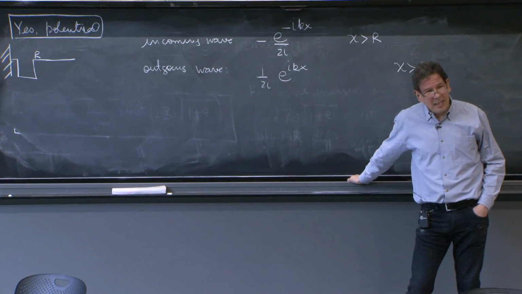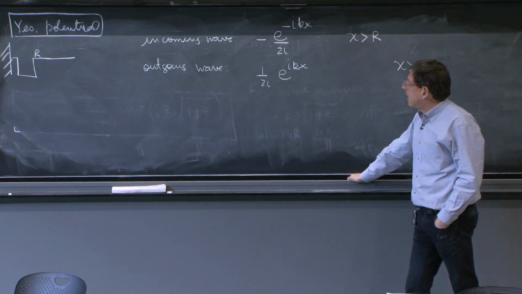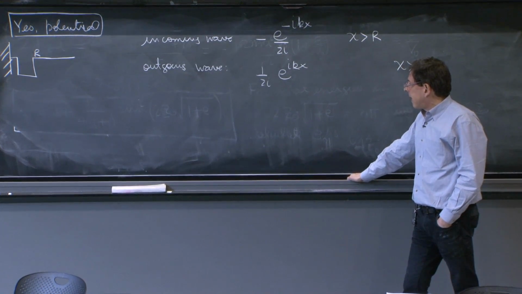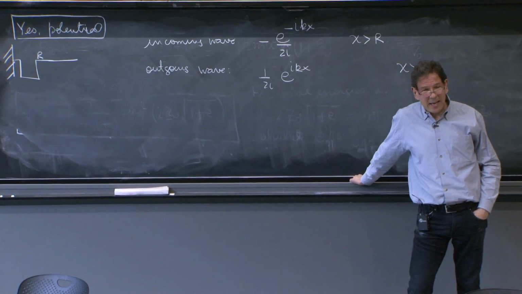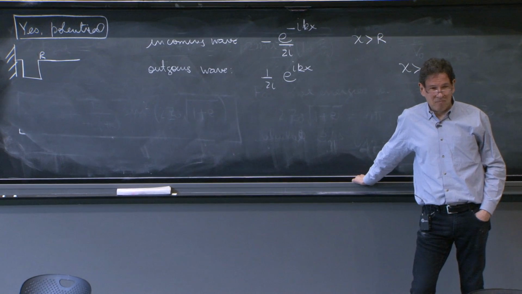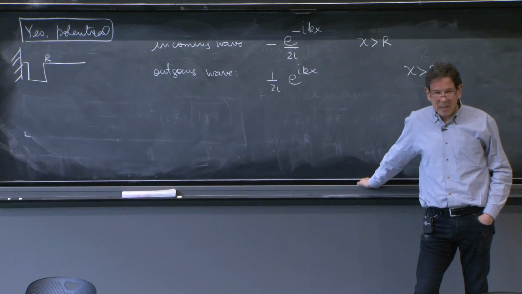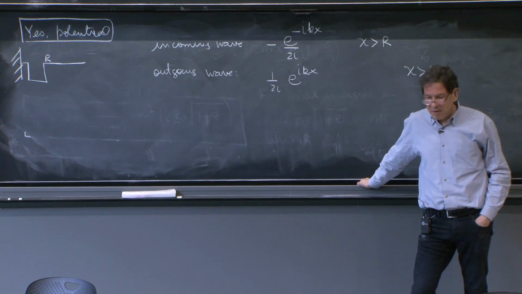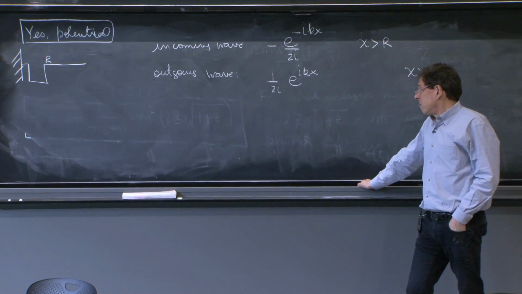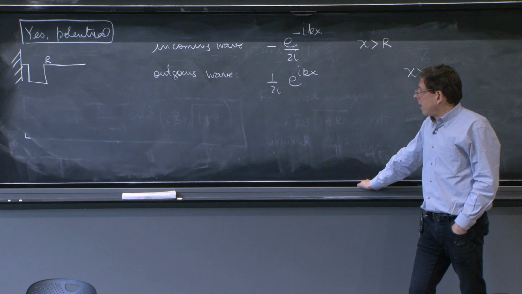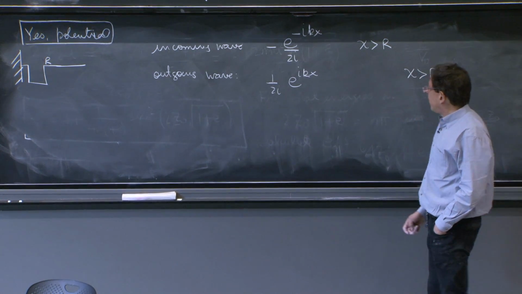And now you decide, if that's the case, I cannot put another function of x there, because that's not a solution. The best I can do is multiply by a number, because maybe there's very little outgoing wave, or there's not. But then I think of another thing.